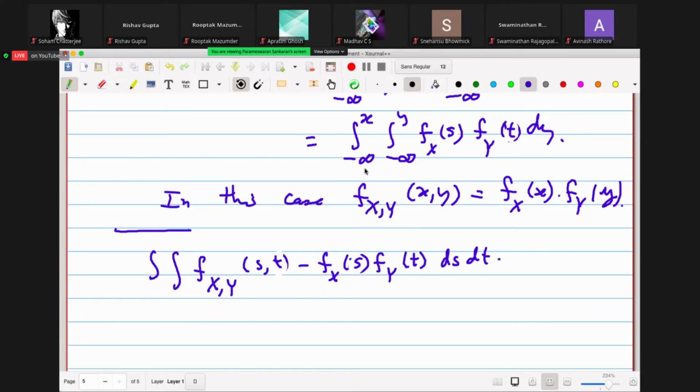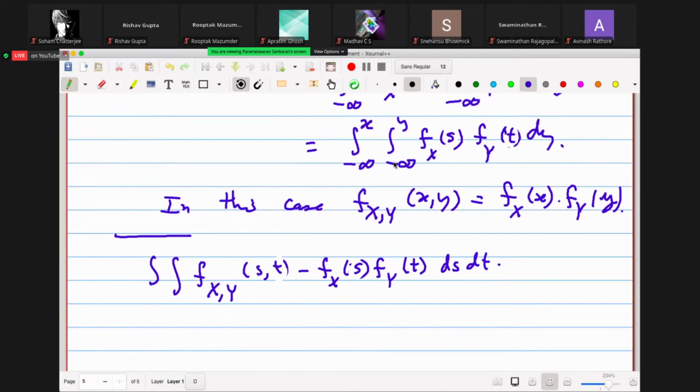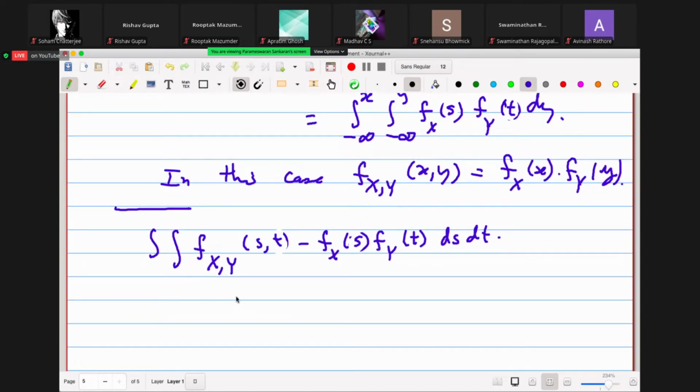because you say that this is valid for any x and any y and so on. So here you can actually write a rectangle, and then also it will be 0 for any rectangle R. R is a rectangle in s comma t, and you can just write a less than or equal to s less than or equal to b, c less than or equal to t less than or equal to d.